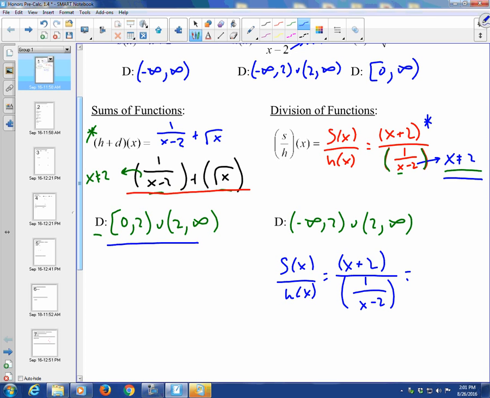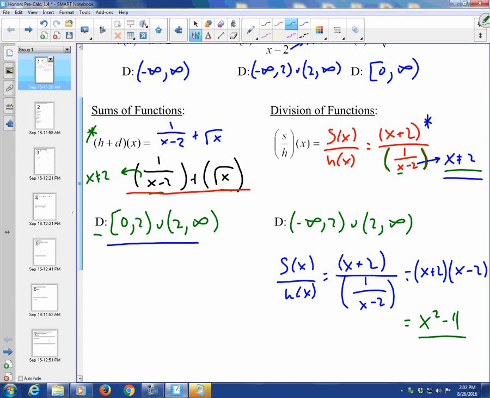And when we're dividing by a fraction, that means that we multiply by the reciprocal. So we've got x plus 2 times right here x minus 2 over 1, or just x minus 2. And right here, when we multiply these two binomials together, we get x squared minus 4.